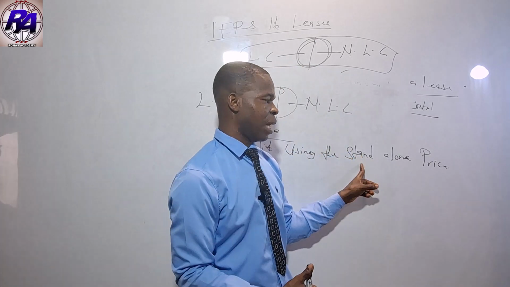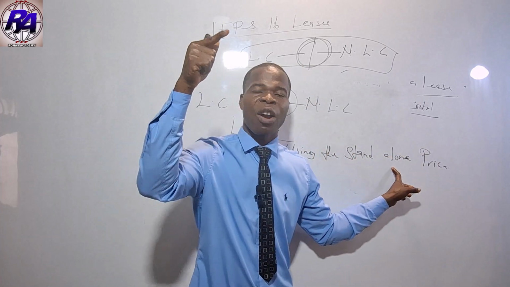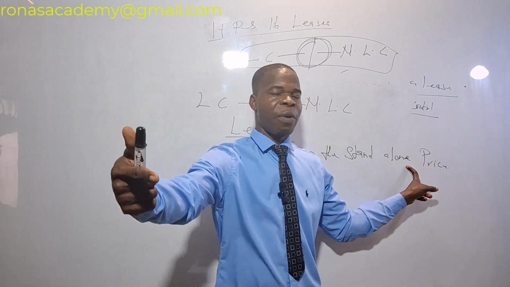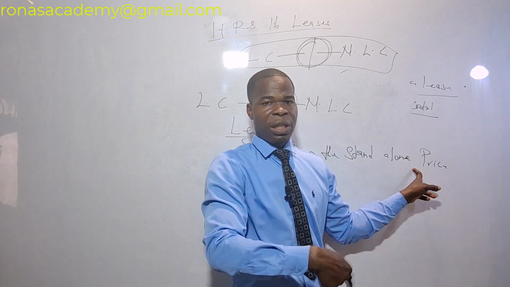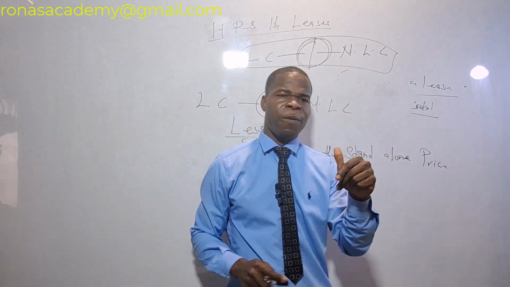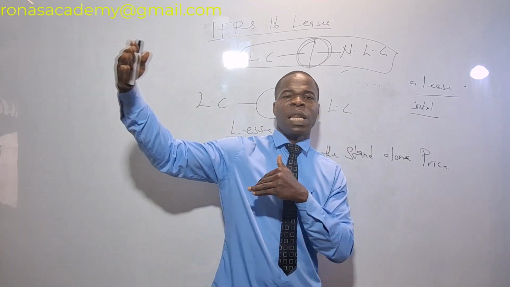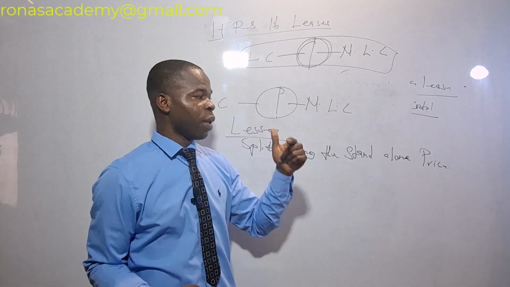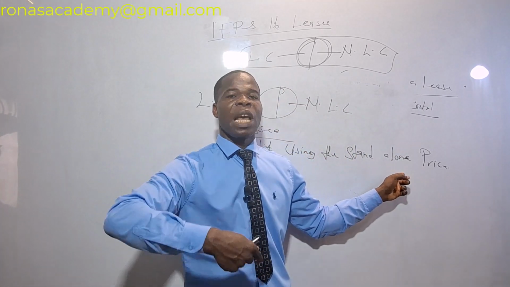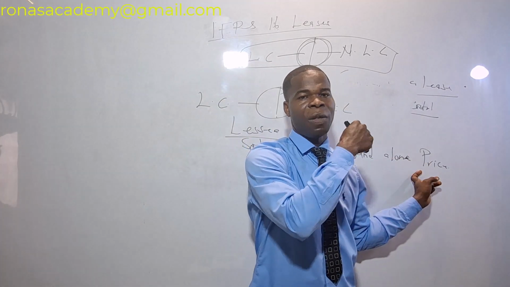This price should be an observable stand-alone price from the point of the lessor, because the lessor is the one selling. But if it cannot be determined from the lessor's perspective, then the lessee is allowed to determine the stand-alone price using observable evidence from an active market for that item.